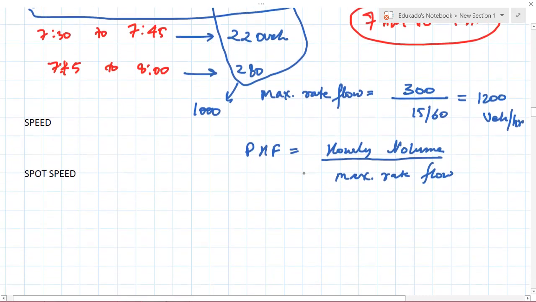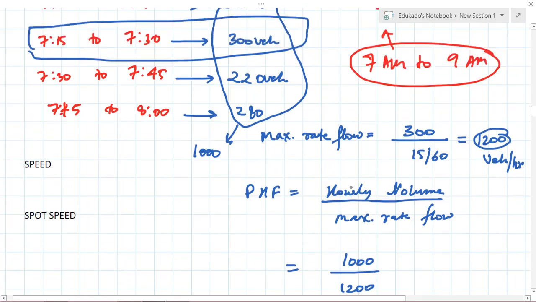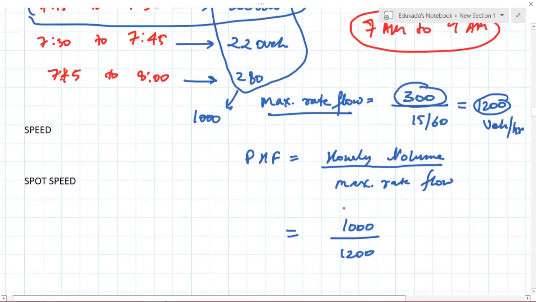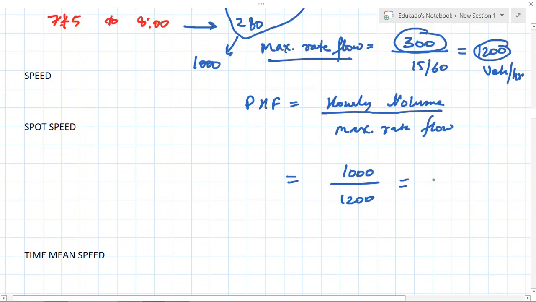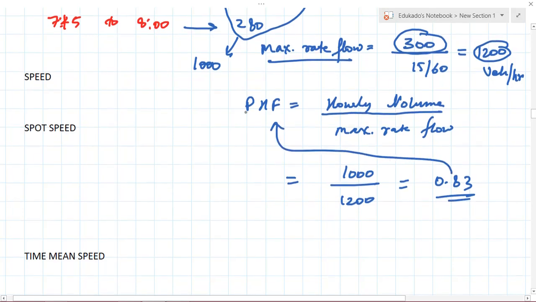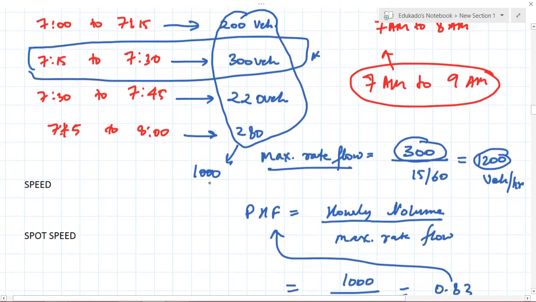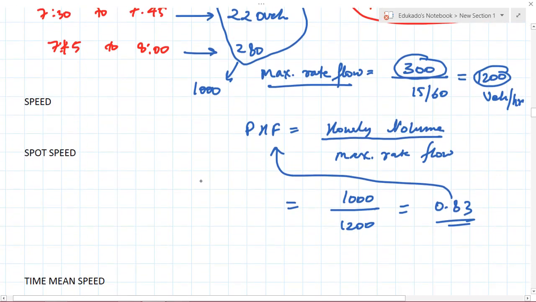So according to this formula, the hourly volume is 1000, and the max rate flow we just calculated is 1200. So we get a ratio of about 0.83. This is known as the peak hour factor. I think it's clear with an example also. Okay, let's move forward.